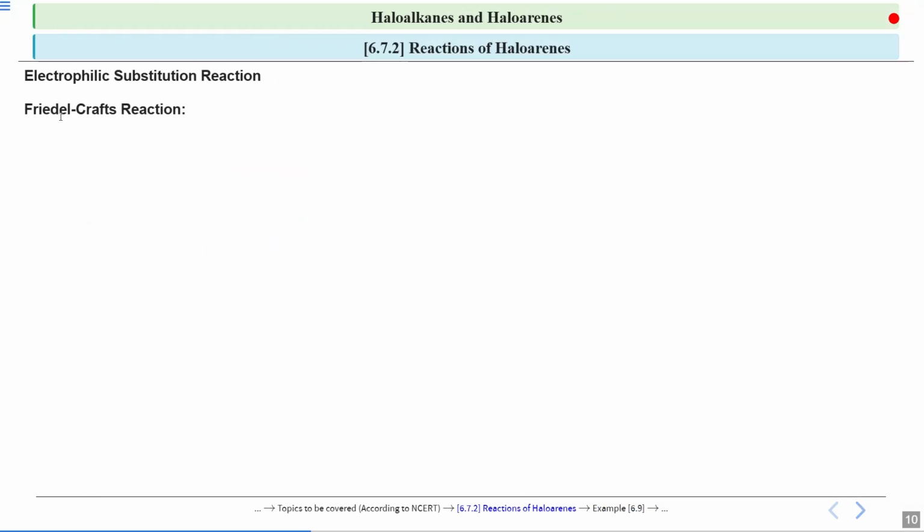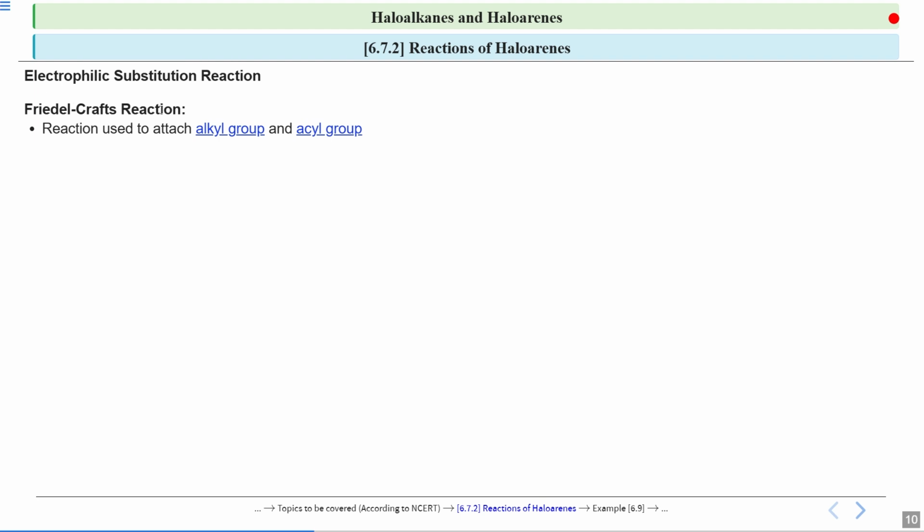Now let's talk about the Friedel-Crafts reaction under electrophilic substitution. This reaction is used to attach alkyl groups and acyl groups. That means a single bonded carbon molecule attached with a double bonded carbon molecule.